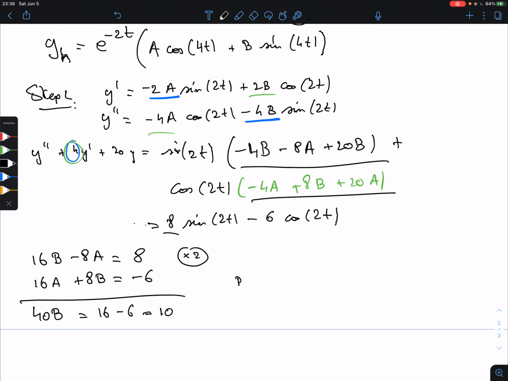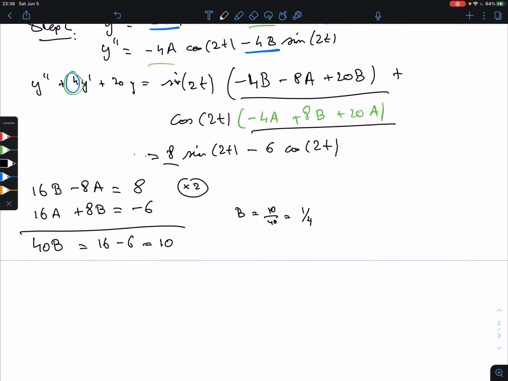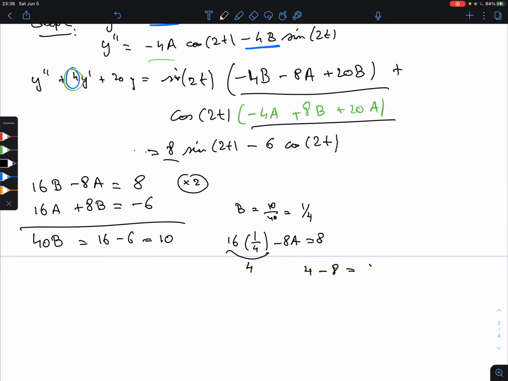So b is 10 divided by 40, that is 1/4. If I plug this into the top equation, we get 16 times 1/4 minus 8a is 8. So this is 4, so 4 minus 8 is equal to 8a.